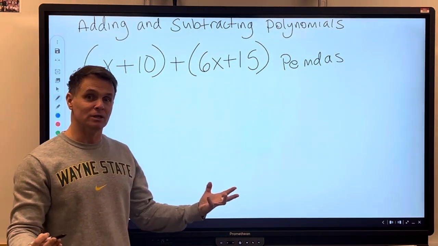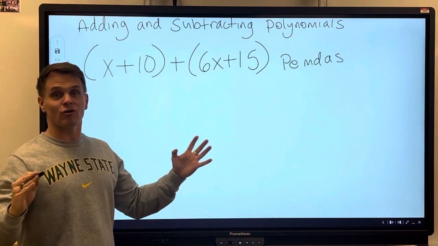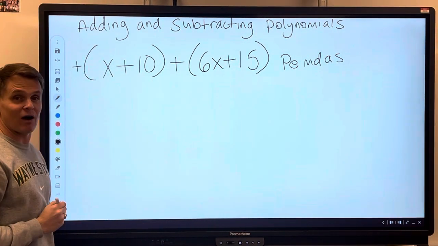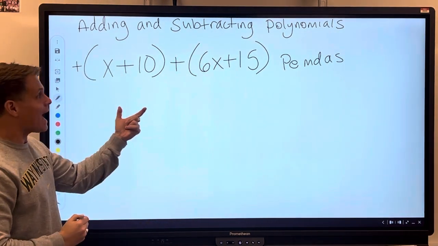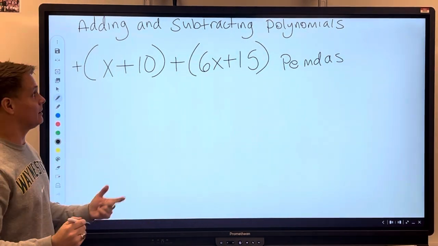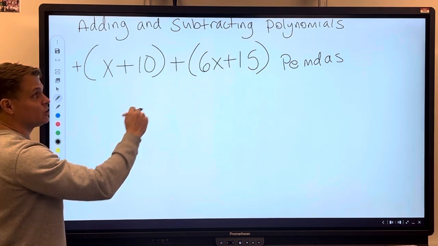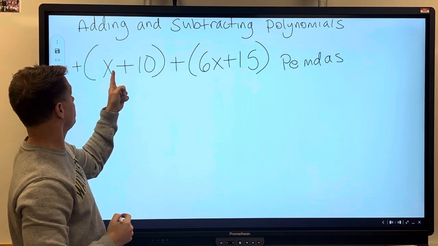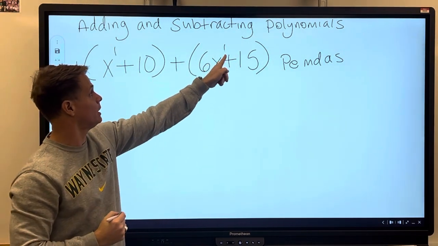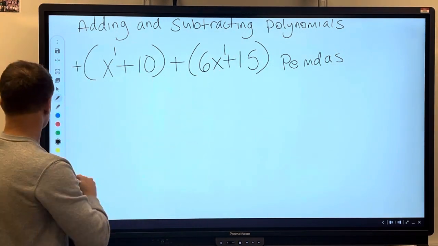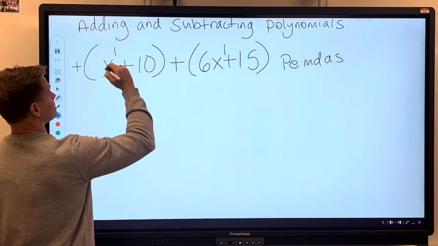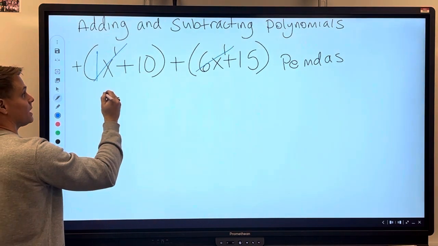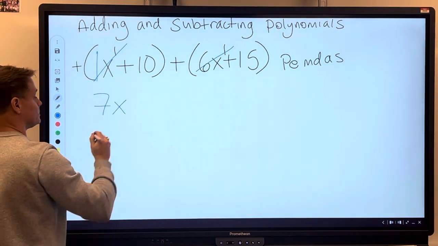Now the way I do these is, adding is never going to change the sign of anything. There really is a positive out here that we don't need to write. So what I like to do is look for the highest exponent first. Highest exponent would be a 1 here and a 1 here. These are like terms. 6x plus 1x, because there's a 1 here, is 7x.